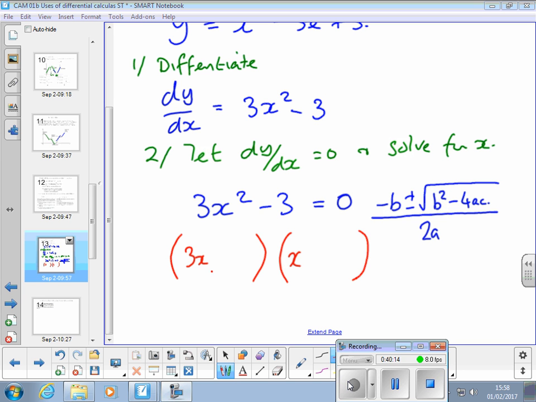We've got to end up with no x on its own terms; they've got to cancel out, and end up with a constant. We've got to have two numbers that go there and there that make minus 3 when multiplied together. What are the options? 1 and minus 3. And the other option? Minus 1 and plus 3. They're the only two options we've got.